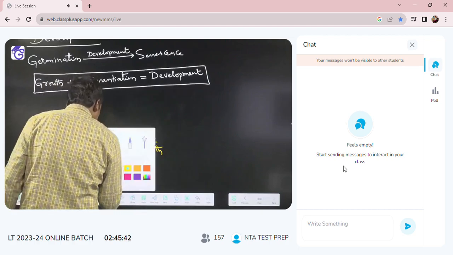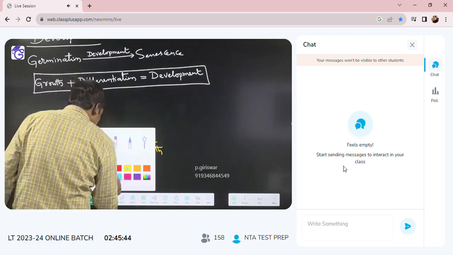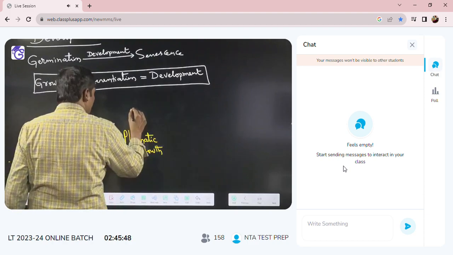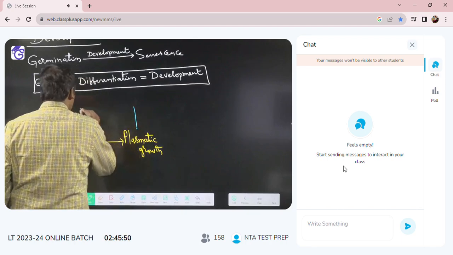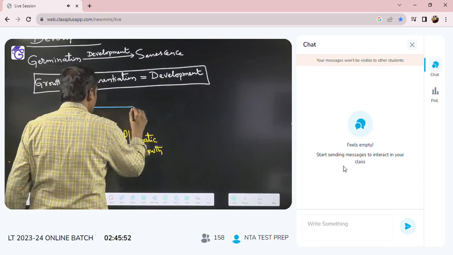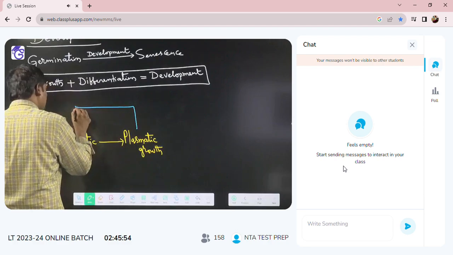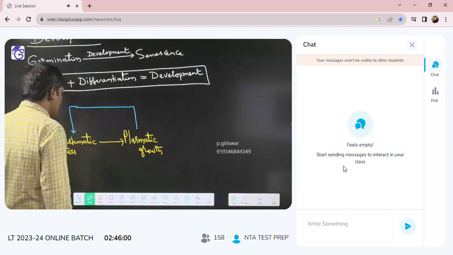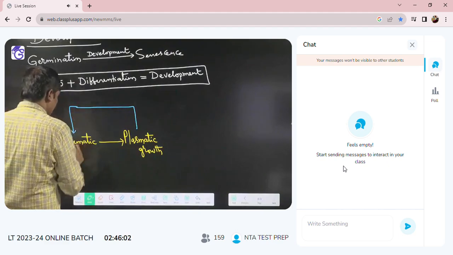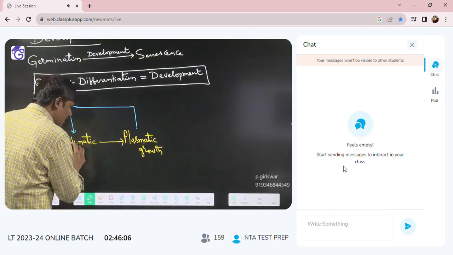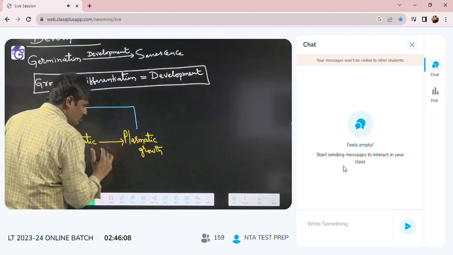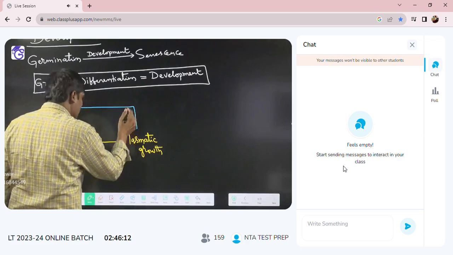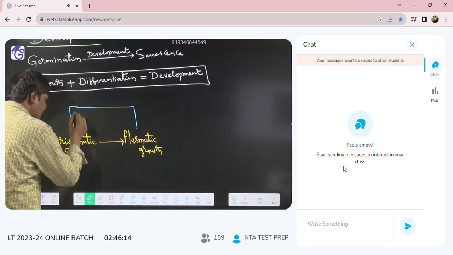And after plasmatic growth, the cell may gradually become mature, or it becomes divide and it becomes again meristematic. Understand that point? Meristematic cell undergo plasmatic growth, then divide, and the divided cells becomes meristematic.